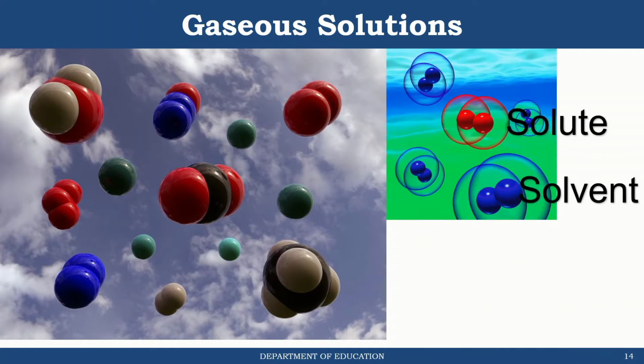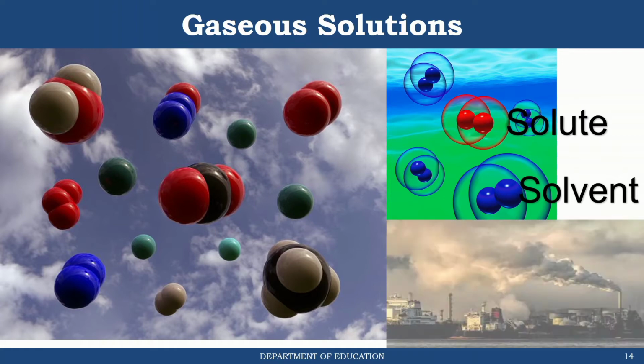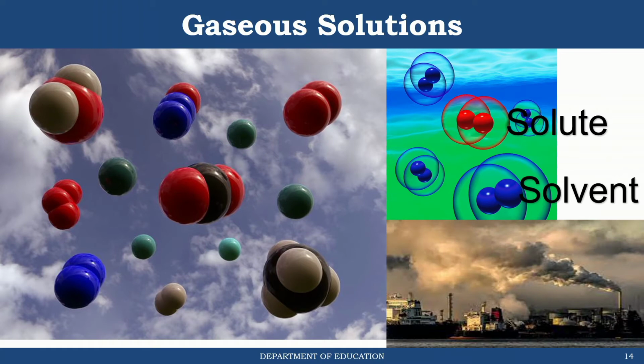The gas in larger amount will be the solvent, and the gas in smaller amount will be the solute. Air is another example of a gaseous solution. It is a homogeneous mixture of different gases. However, because of pollution, there are solid particles suspended in air as well.